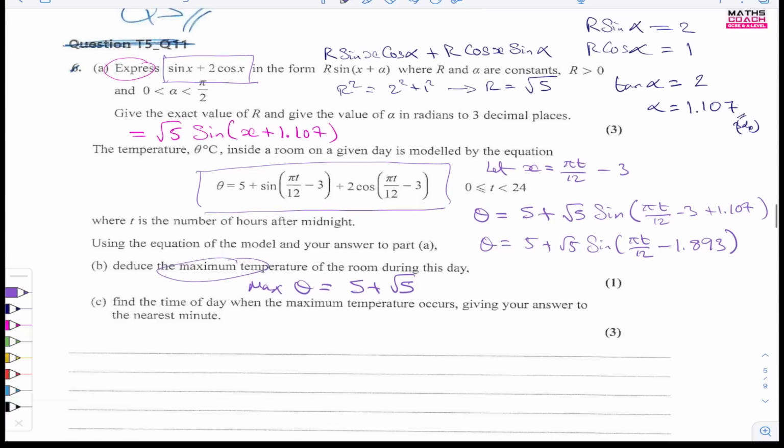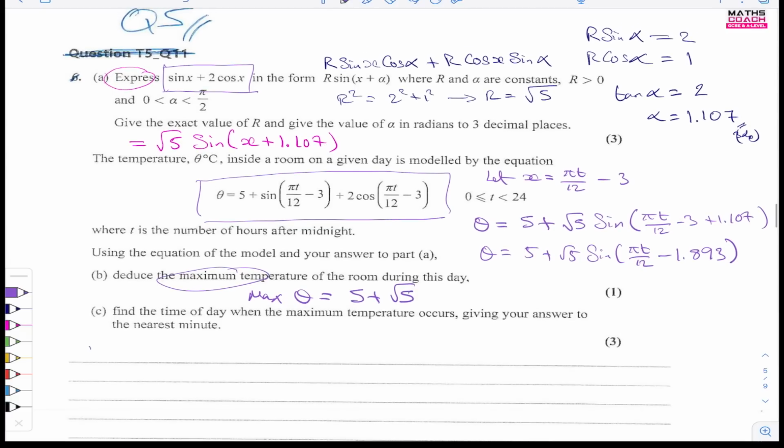Well, when theta is maximum, theta is equal to 5 plus root 5. So we're saying this is equal to 5 plus root 5 sine of pi t over 12 minus 1.893.